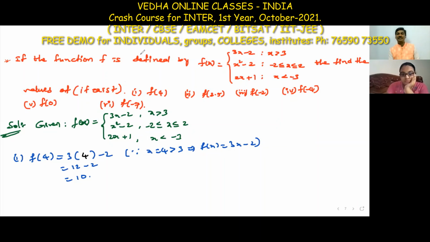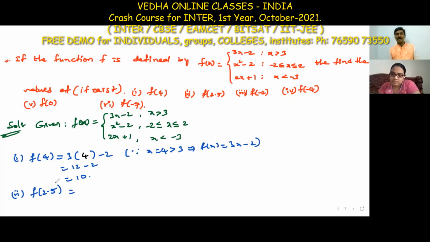That is the answer. Understood? Next, the second one. We have to find f of 2.5. Check the 2.5 value. Is it greater than 3? No. Is it in between -2 and 2? No. Is it less than -3?